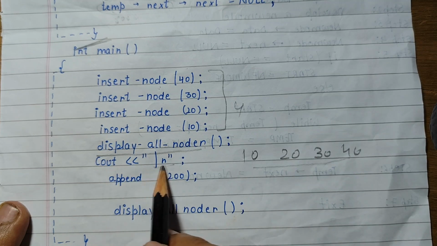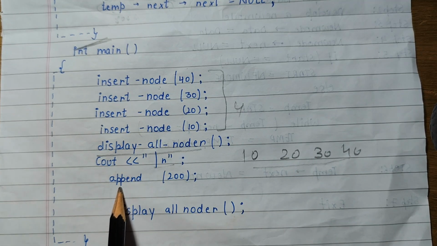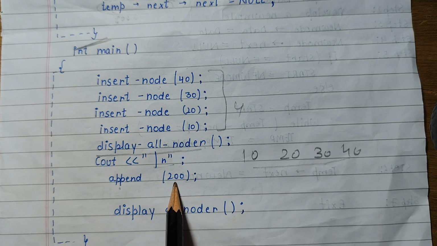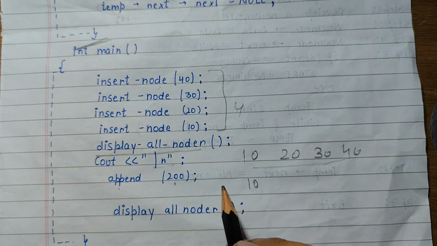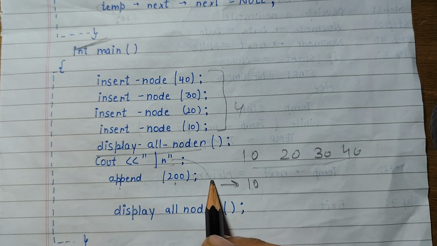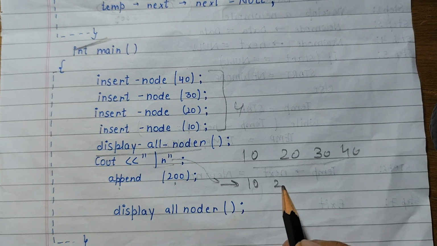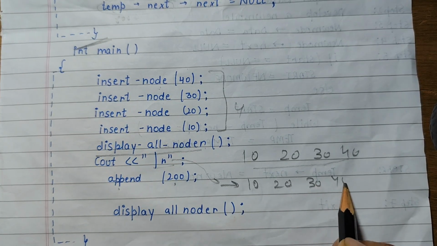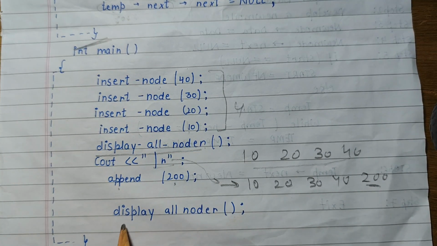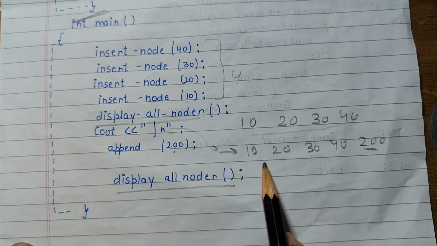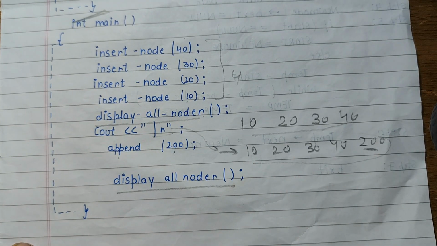After this \n is used for a new line. After this you call this append function and you insert the value 200 here. So after this control moves to a new line, and 200 will be inserted at the last position. Using the display all node function we display these values in the output.